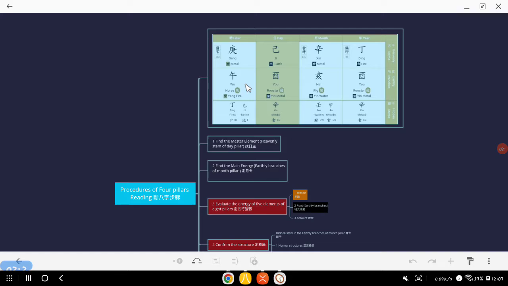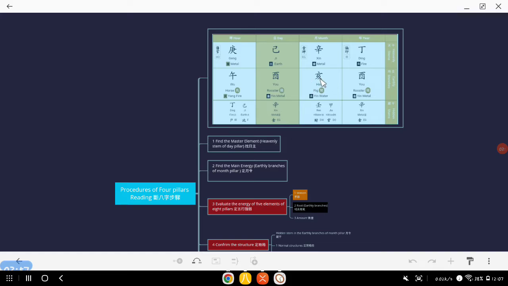it's the summer. So if this person is born during the summer, for example, around May, June, July, these 3 months, the fire will get the most energy.